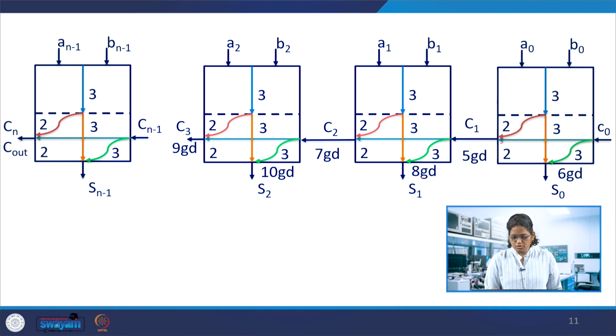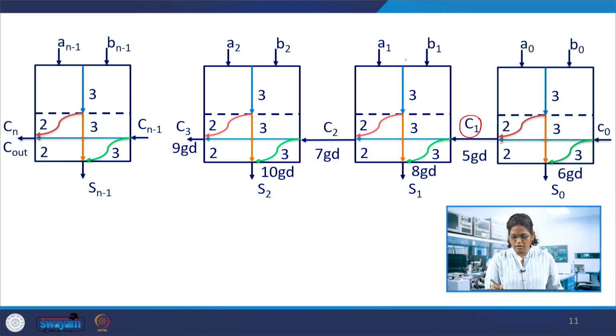But what are the actual sum and carry times? It has to ripple. So the second stage should wait for this carry to arrive, otherwise it cannot compute the sum here, because this gate delay depends on this carry being available here.